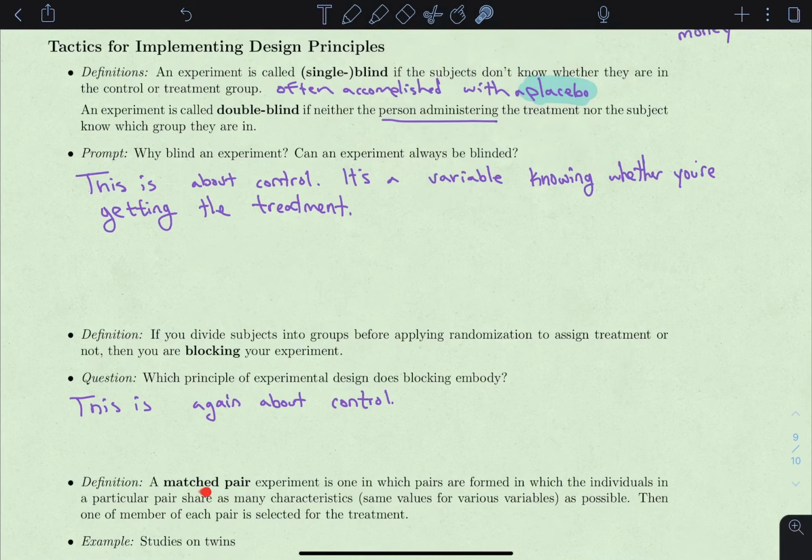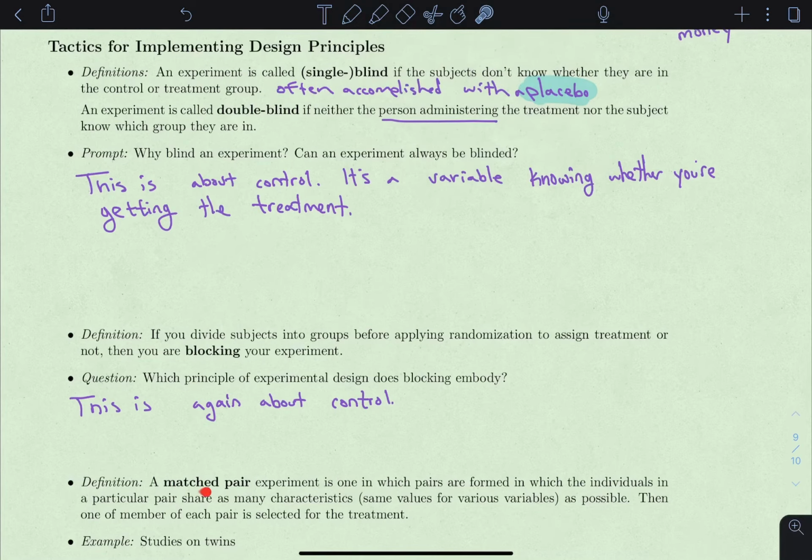Whereas in blocking, you were putting everybody in, say, an age group together, and then half of those people were going to be in the control, and half of those people were going to be in the treatment group. In matched pairs, you have a bunch of pairs. So you have lots of little blocks that each just contain two individuals, and one of them gets the control, and one of them gets the treatment.